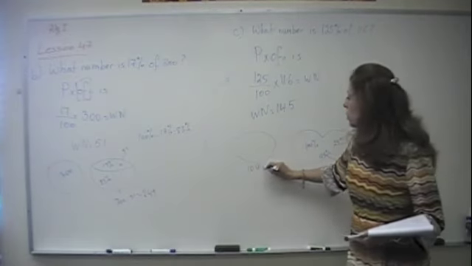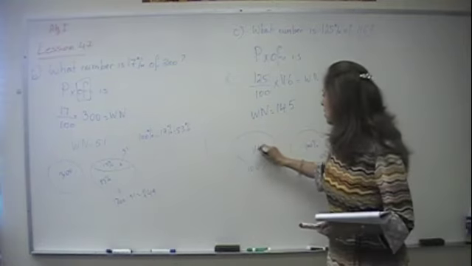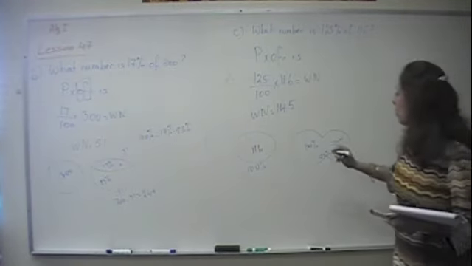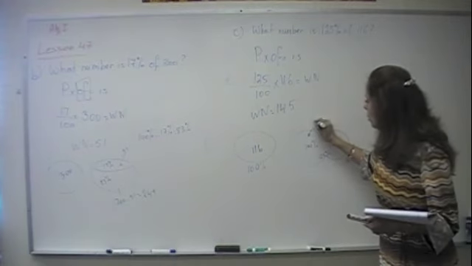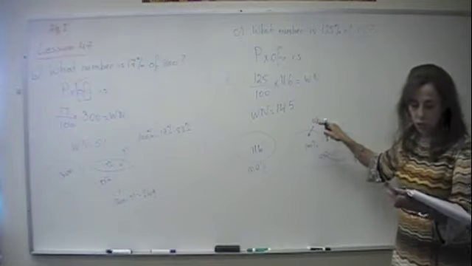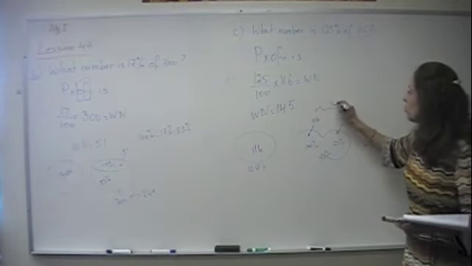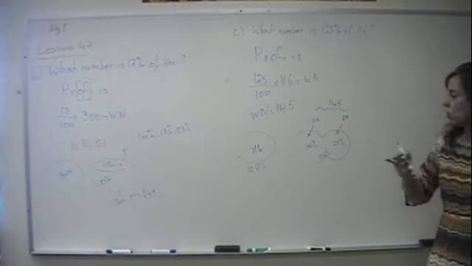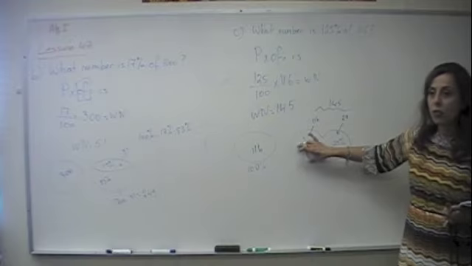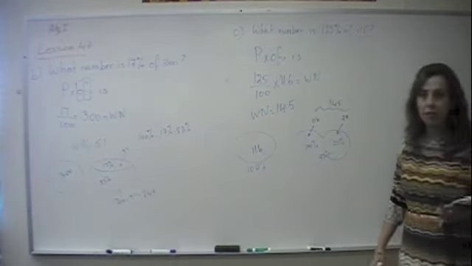How much is my 100%? 116. How much is my 125? 145, which is 116 plus the difference between these two numbers, which is 29. So the 100% is 116, 25% of that 100% is 29. Add them all together, they're 145.